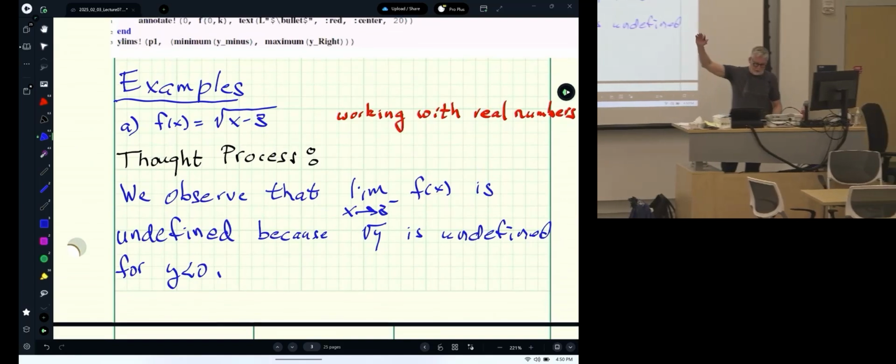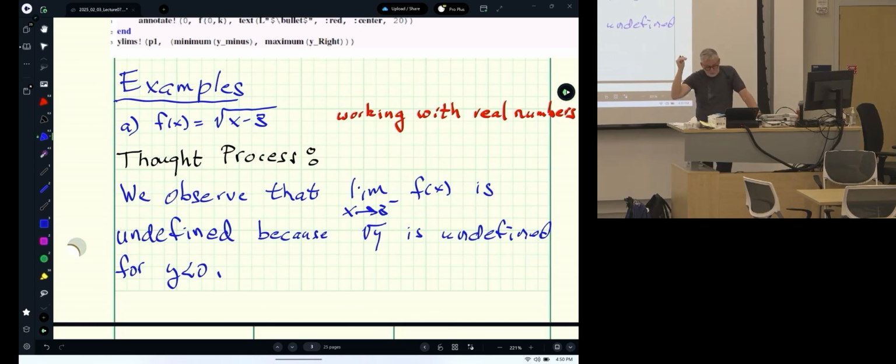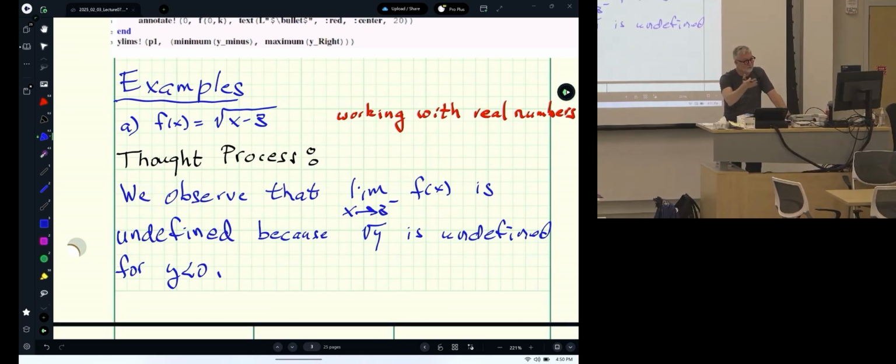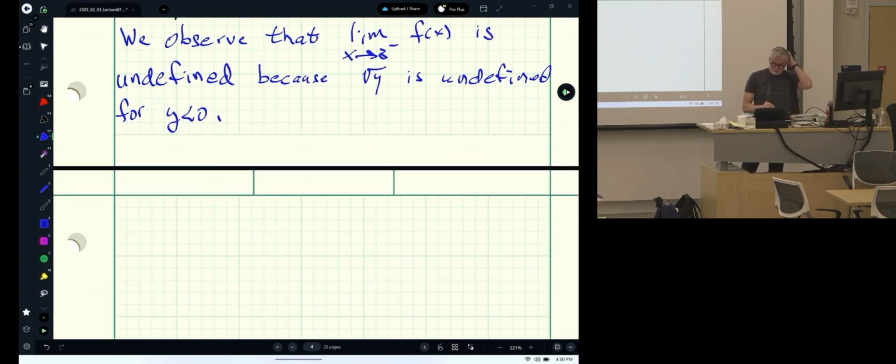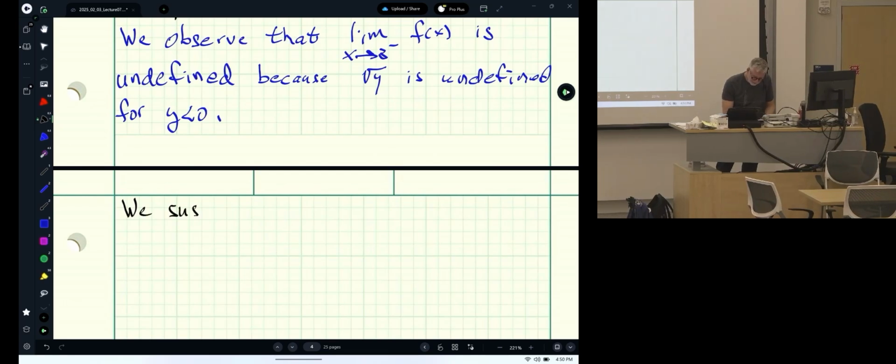Now, suppose we start at x at, say, 3.1, and we start decreasing towards 3. What do you think the limit is? Yeah, okay, perfect. Okay, so I'm going to put suspect because we don't have any epsilons and deltas yet. Okay, we're going to get the epsilons and deltas. We suspect the limit as x goes to 3 from the right of f of x equals 0.